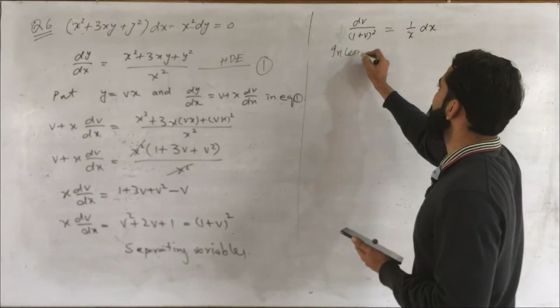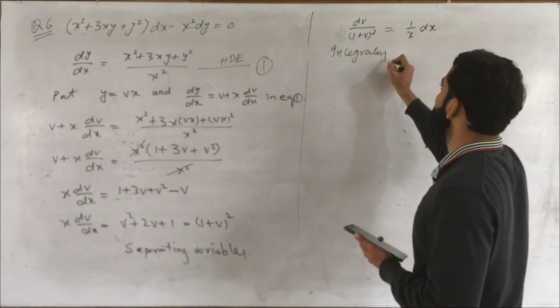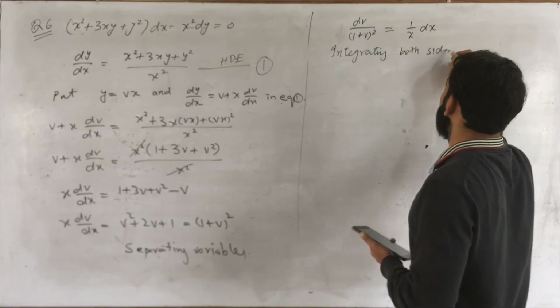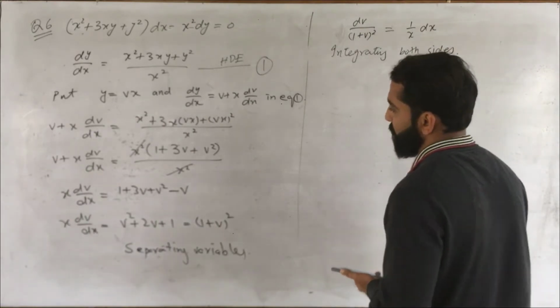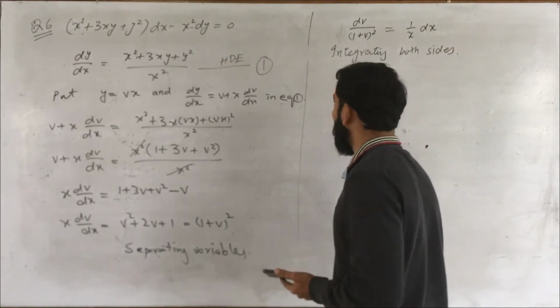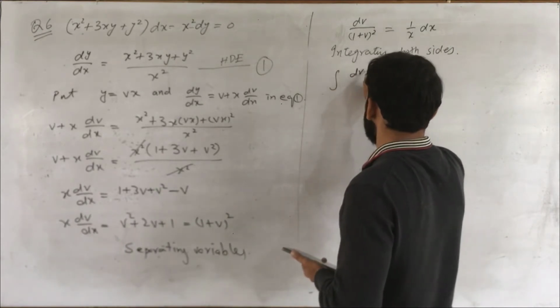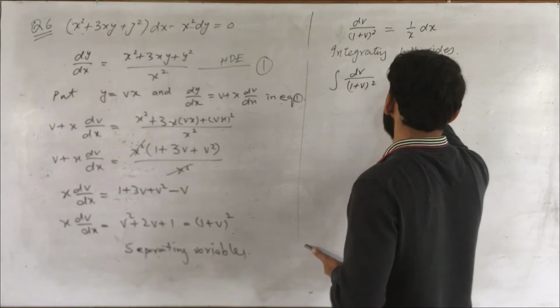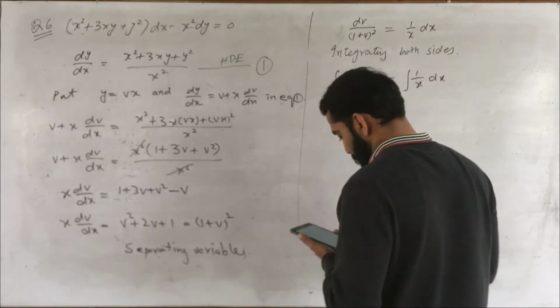Integrating both sides, the next step of the solution is to integrate both sides. Integration of dv over 1 plus v whole square is equal to integration of 1 over x dx.